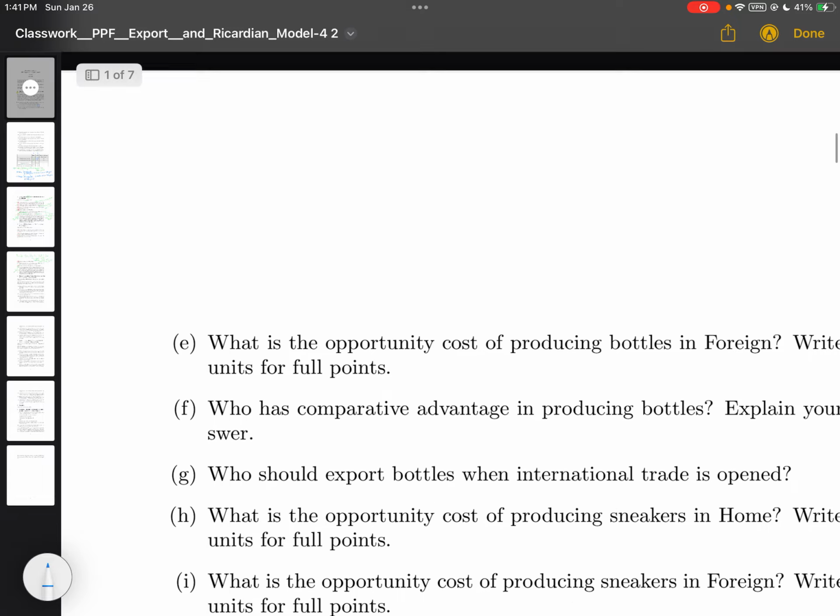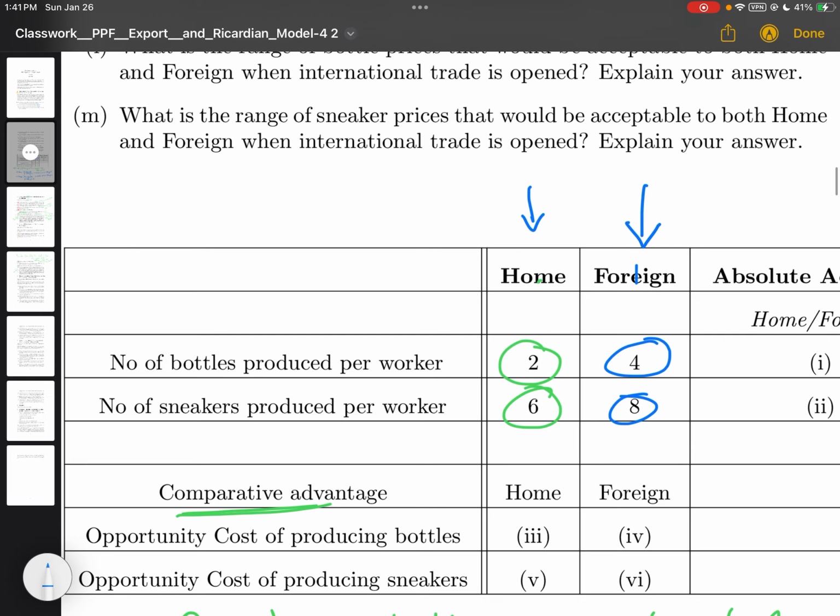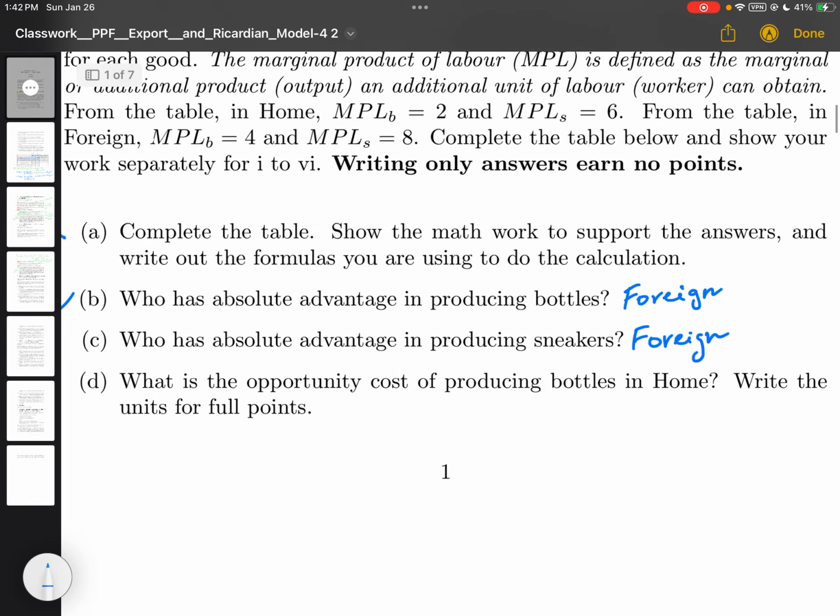Why? Do you remember why? We looked at the column for foreign and the column for home, comparing 4 bottles. We compared these two numbers and we saw that a worker in foreign produces 2 extra bottles than a worker in home, and so therefore foreign had absolute advantage. Same idea when you look at sneakers, the sneakers row. All right, so that's what we did over there.